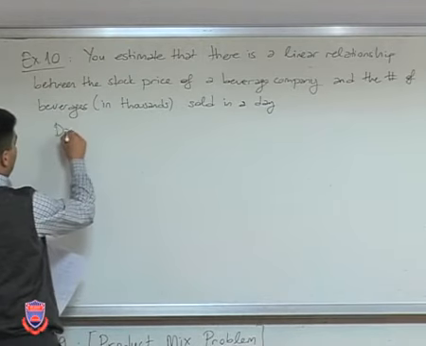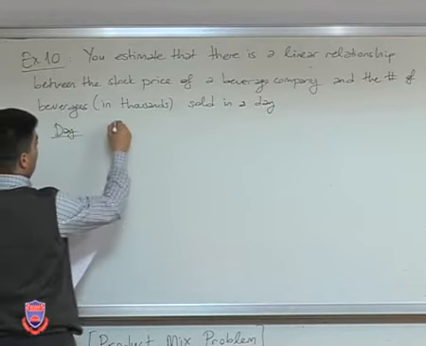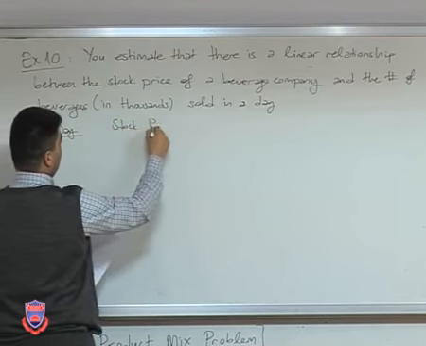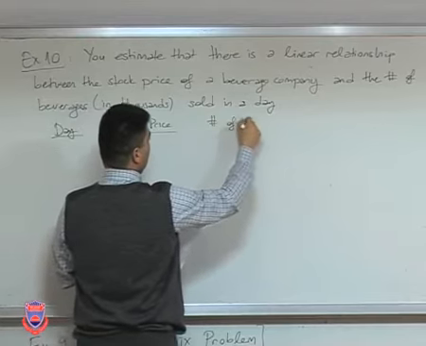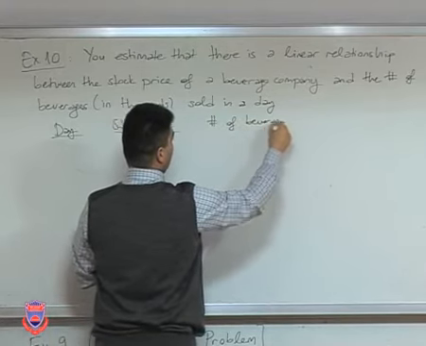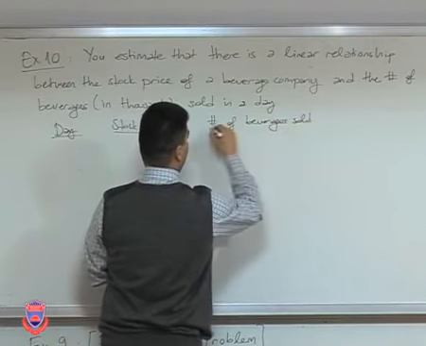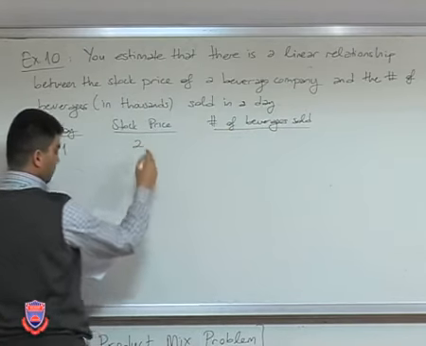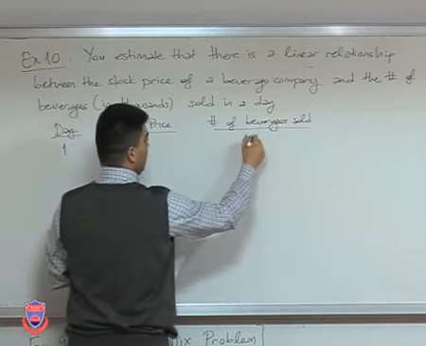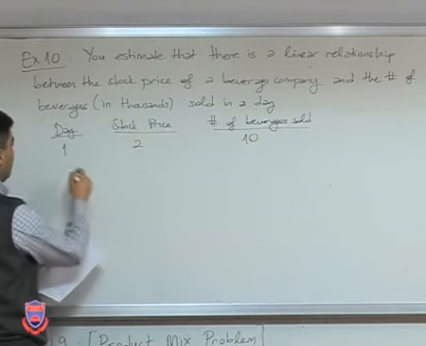So this is day, stock price, and then number of beverages sold. So in day 1, the stock price is 2, and number of beverages sold is 10, 10,000 basically, okay?